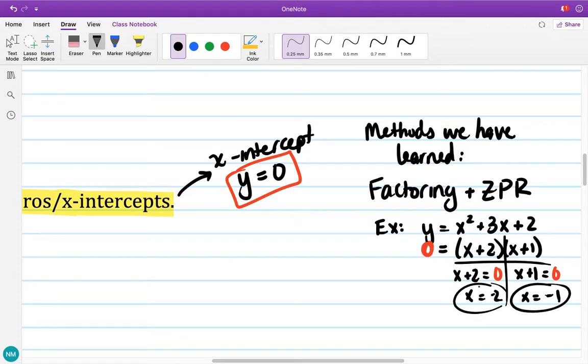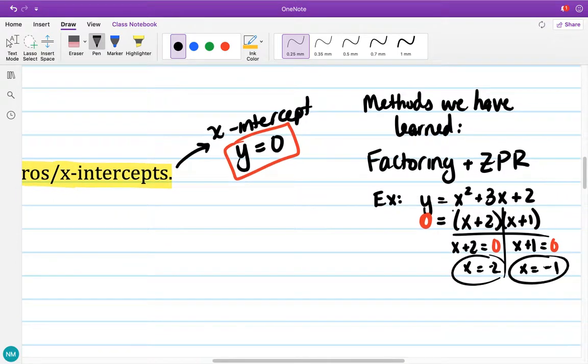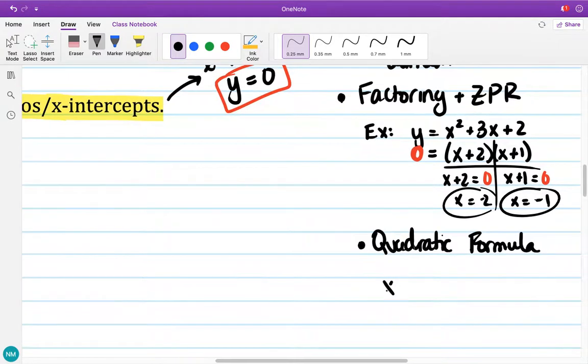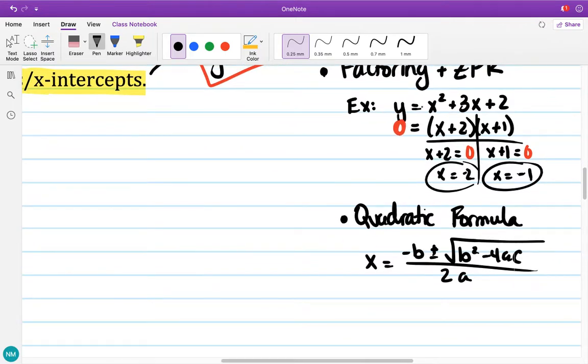You end up getting x equals negative 2 and x equals negative 1. Another way we learned is the quadratic formula, which is x equals negative b plus or minus the square root of b squared minus 4ac, all over 2a. We'll use the same exact equation.